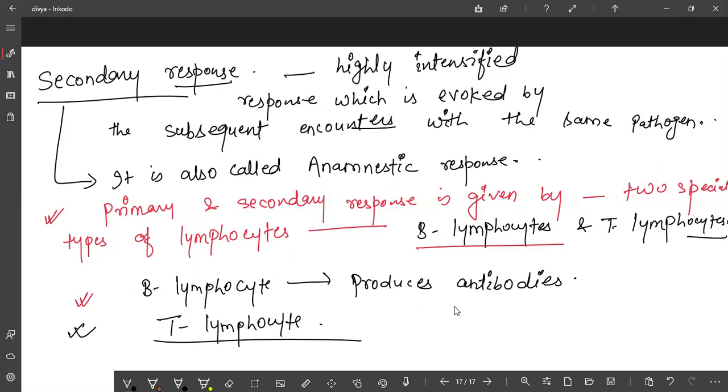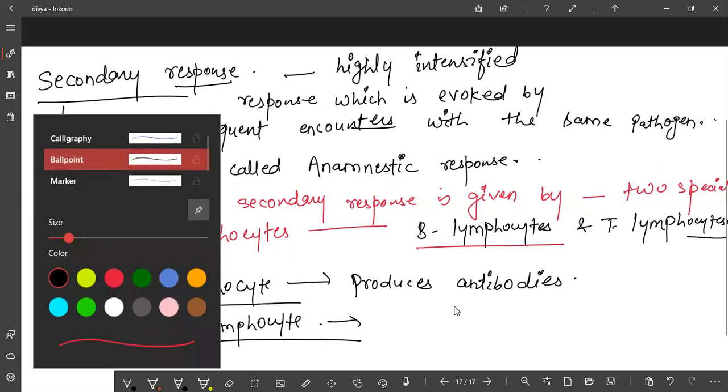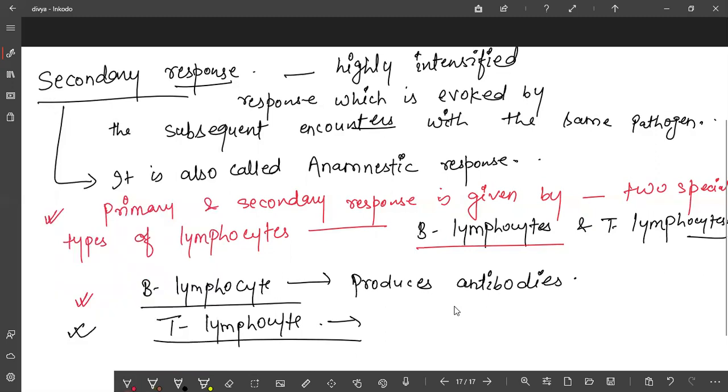So the production of antibody is the function of which type of lymphocyte? B lymphocyte. But how will B lymphocyte produce these antibodies? With the help of T lymphocyte. So you can write T lymphocyte helps B lymphocyte to produce antibodies.